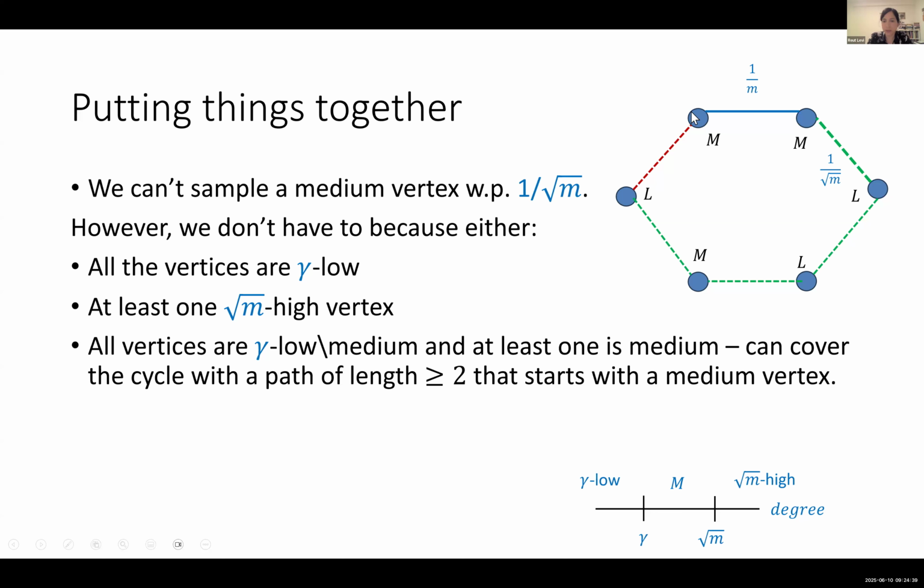So this is helpful because we can first sample this edge here, and then we can continue extending the path by performing random walk steps, in which in each step we guess an index between 1 and square root of m. And finally, we perform a single pair query to see if this path closes a cycle with the initial starting vertex.